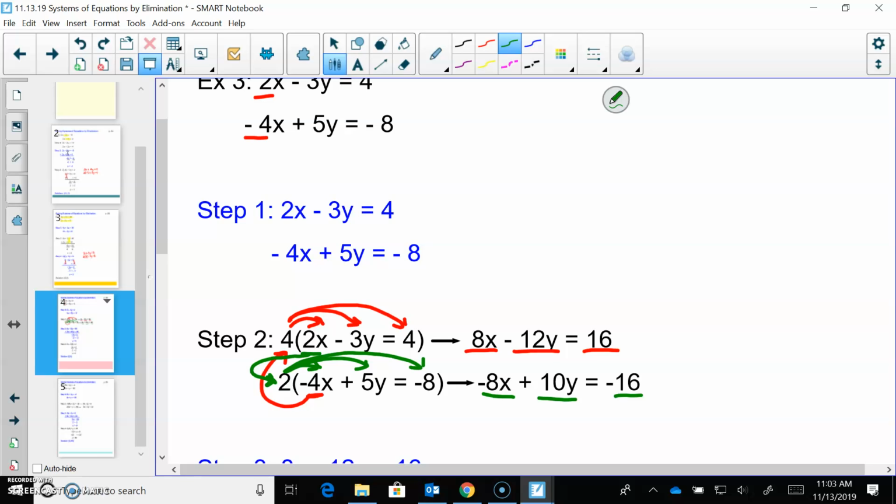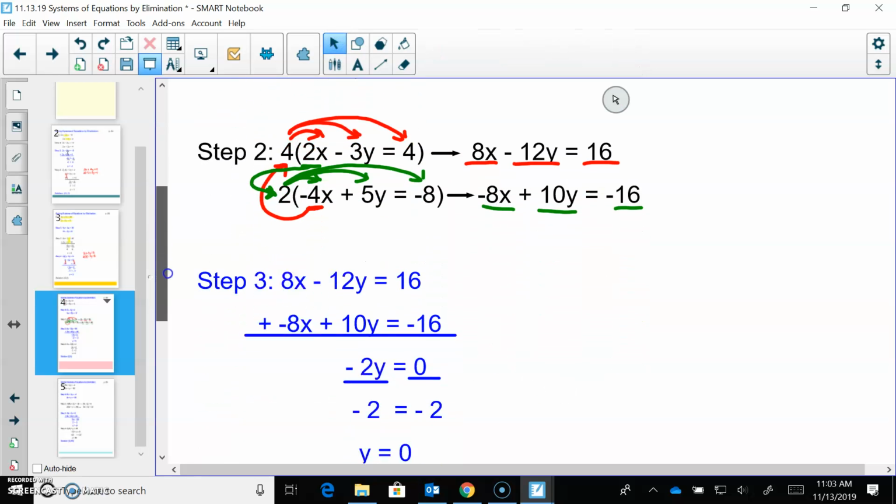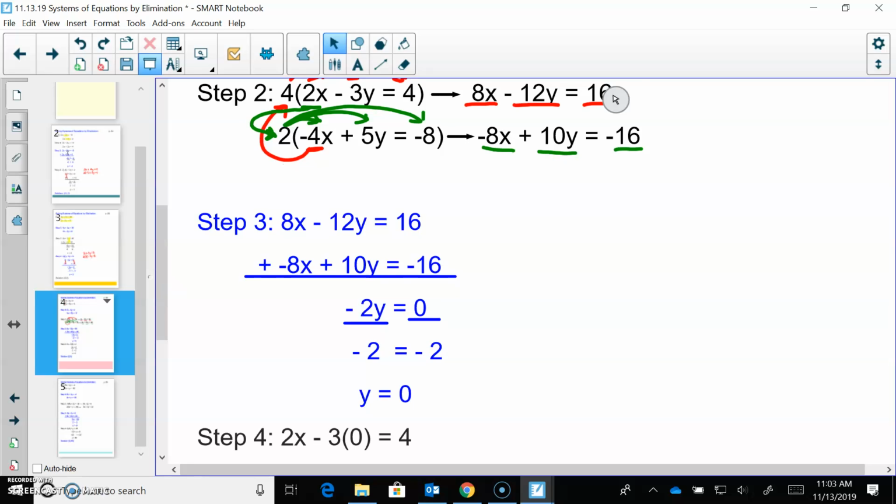If you don't have the same coefficient and opposite signs, you have to get them to be the same number and have opposite signs. So now we can begin to do step 3, which is just line them up, and now we add straight down. When I add 8x plus negative 8x, that cancels.